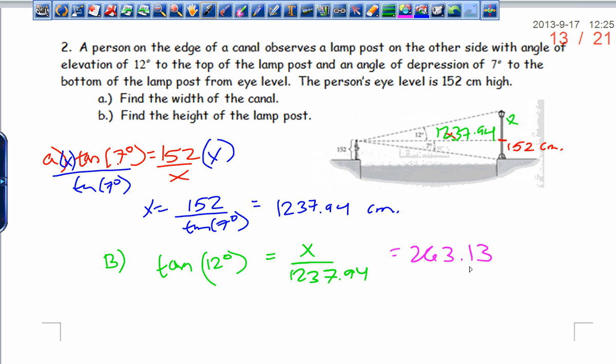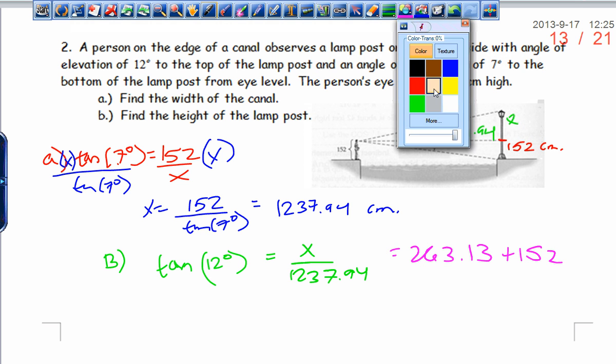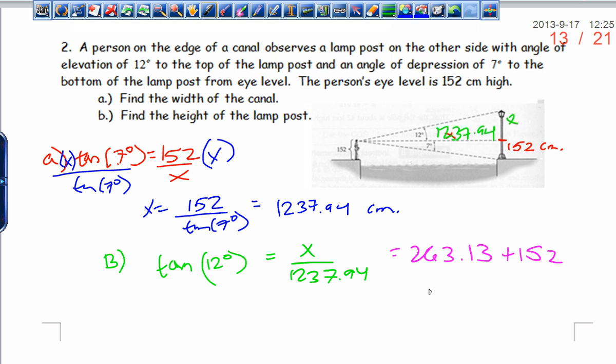But I'm not done. That was just this portion of the lamppost. So what should I do? Add it. So I'm adding that plus 152 to get what B is. So that's 415.13.